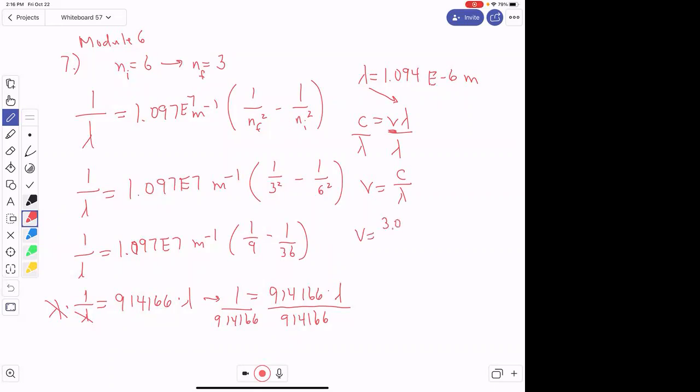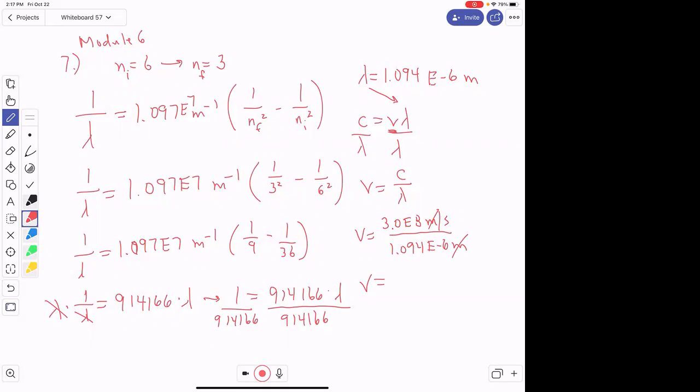Frequency equals 3 e to the 8 meters per second over 1.094 e to the negative 6 meters from my wavelength. So meters cancels out, which is good because I'm looking for my frequency, which should be inverse seconds. So let's see, speed of light, 3 e to the 8 divided by that answer.